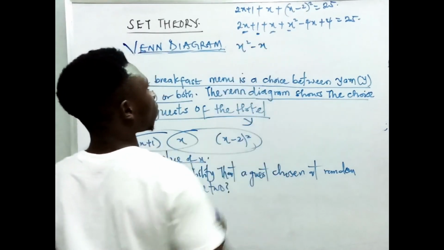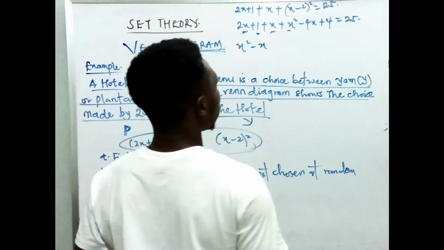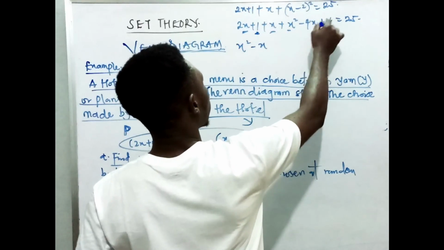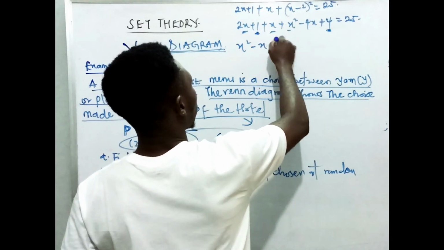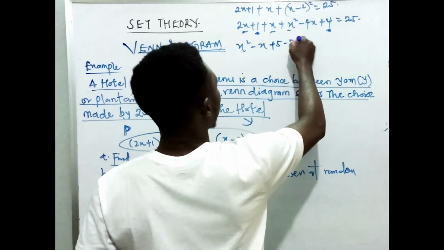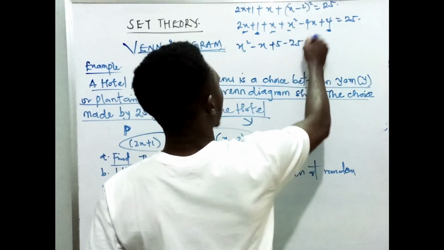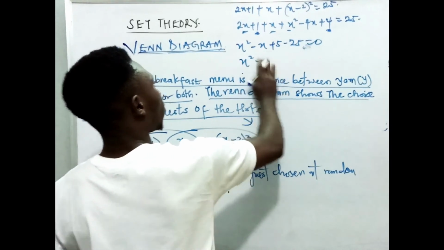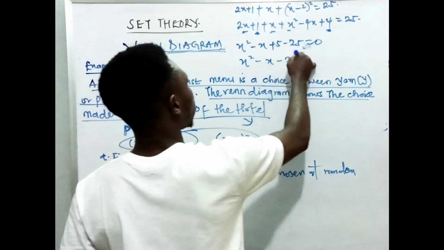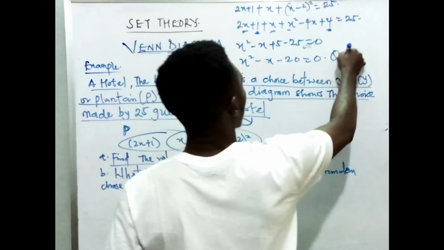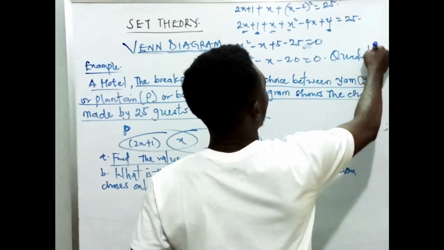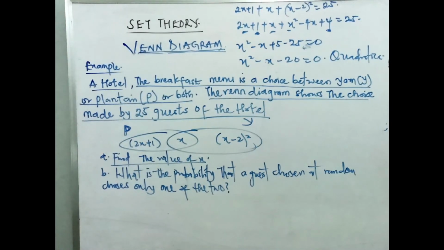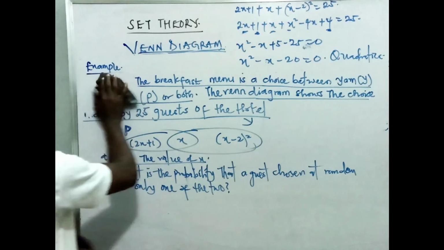We have 1 plus 4, that's 5, plus 5, this comes over minus 25 is equal to 0. So x squared minus x minus 20 is equal to 0. So we have a quadratic equation here.